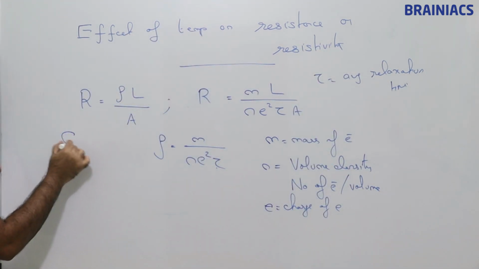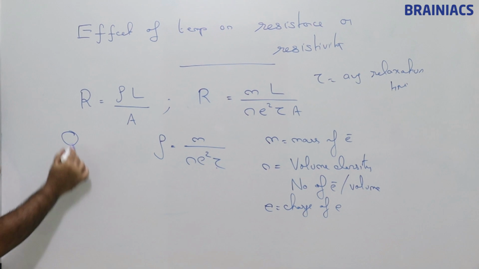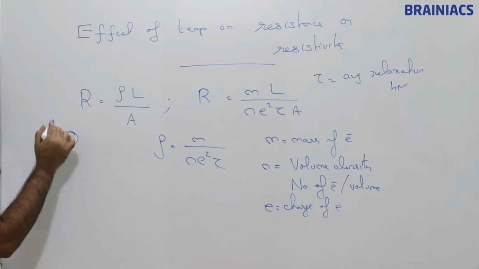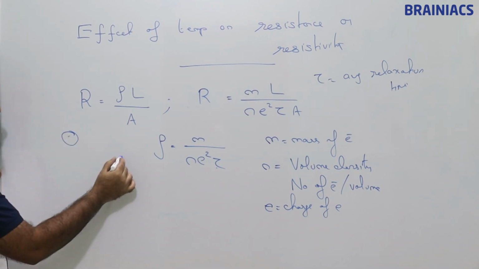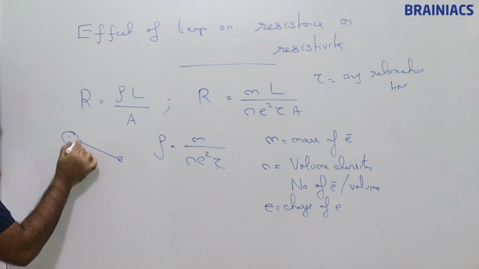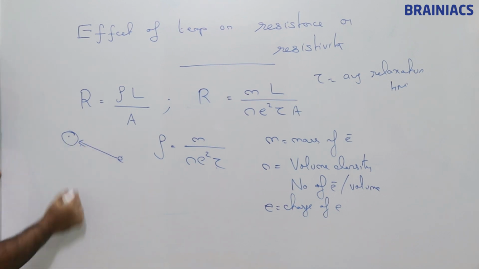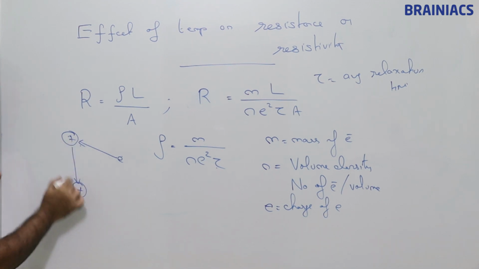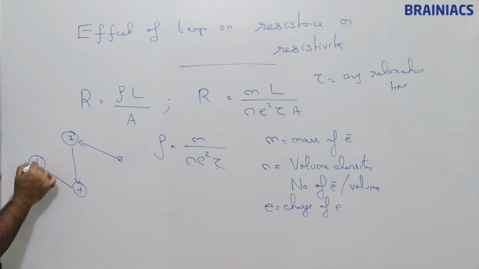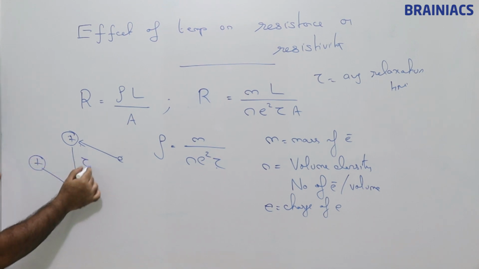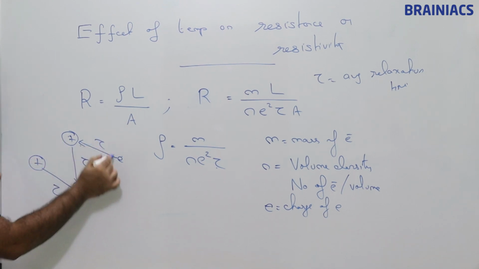Say for example here one kernel or ion is there, electron is coming, colliding with this. After colliding, it will be going in another direction, it will be colliding with another, then again it will go and collide. So this is called relaxation time.